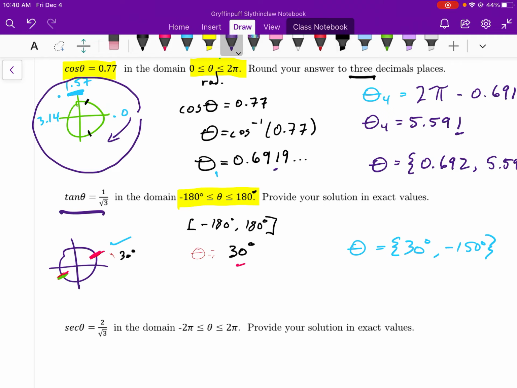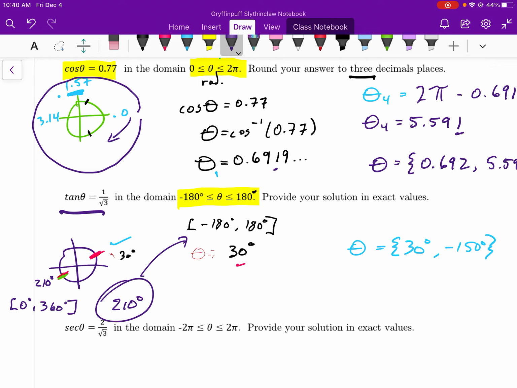So here, I'm going to solve from 0 to 360. And what I can see is that this actually occurs at 210 degrees. The problem with 210 degrees is that it's outside that interval.